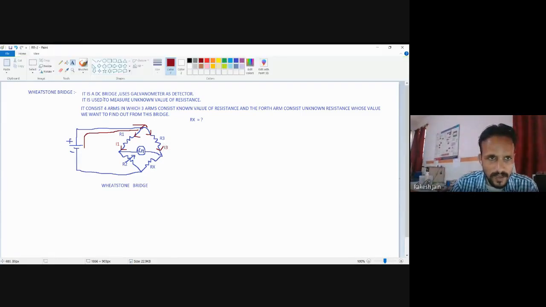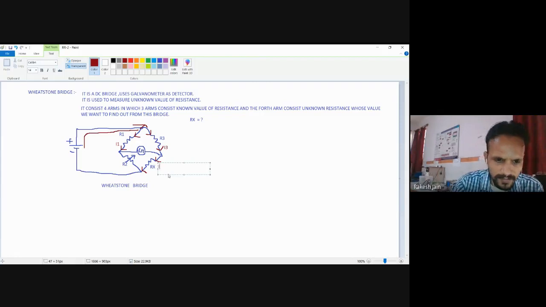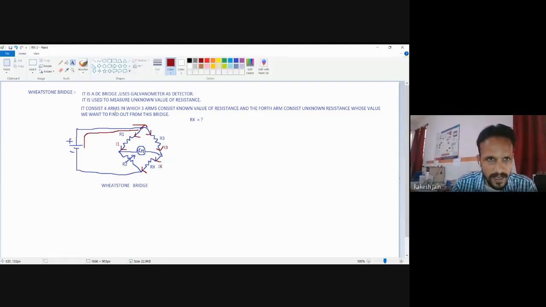Now this I3 will come here and go to here, and let the current in this Rx resistance be Ix.